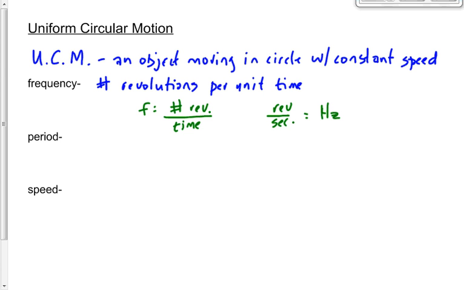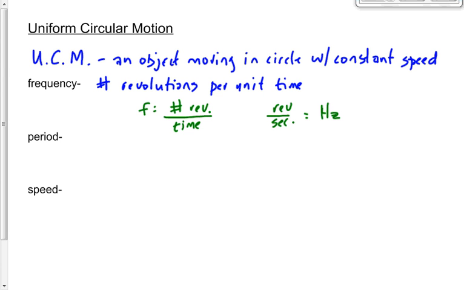But that's an FM radio station, and if you look at the dial or you look at your radio, it'll say 105.1 megahertz, MHz. That means that wave that carries that sound, that wave that carries that radio broadcast, has 105.1 million cycles per second. 105.1 million hertz, or 105.1 million cycles per second.